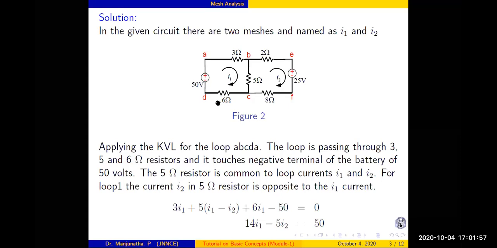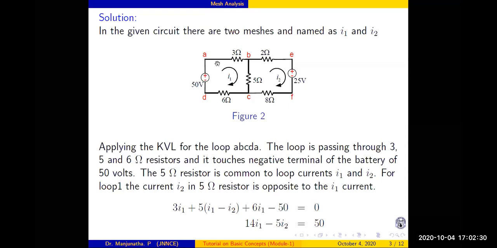Next, it is 6I1. Then you reach the negative terminal of the supply. So: 3I1 plus 5(I1 minus I2) plus 6I1 minus 50.